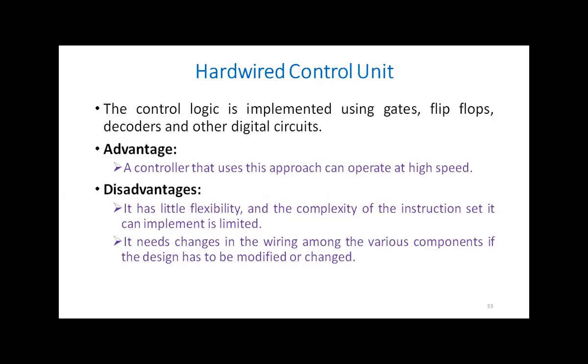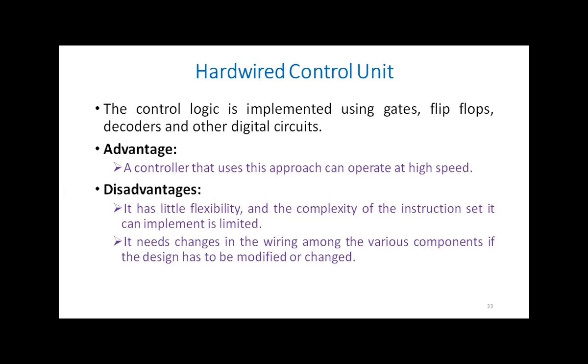This is the reason why the hardware control unit is used in the RISC instruction set architecture, where the instructions are very simple. In CISC architecture the instructions are complex, so the hardware control unit is not used in CISC. It is used in RISC for this reason.